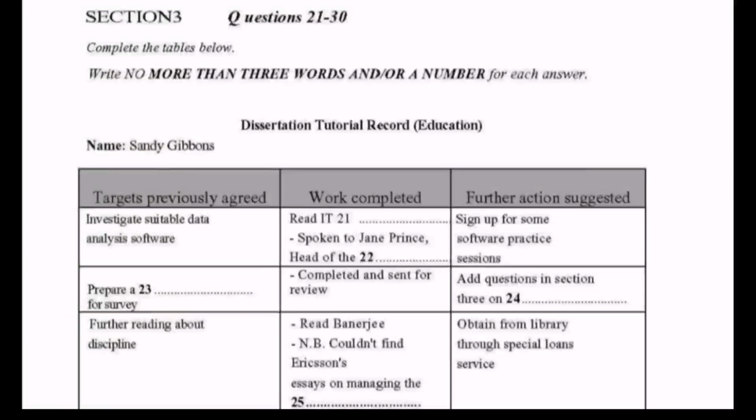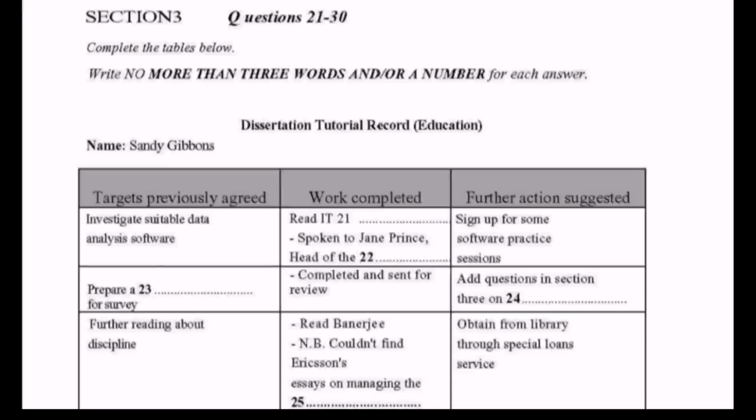In the second column, there are 3 types of the works which are completed, and we have to find the answer for question number 21, 22 and 25. And in the third column, there are further actions which are suggested, and we have to find one action which is suggested for the question number 24.